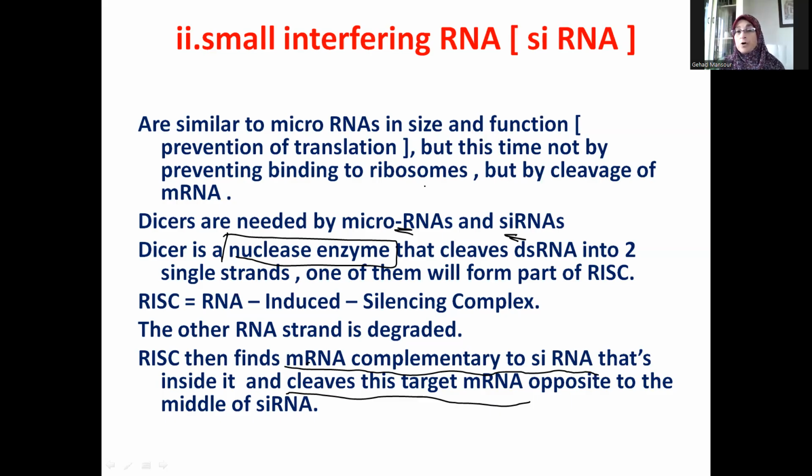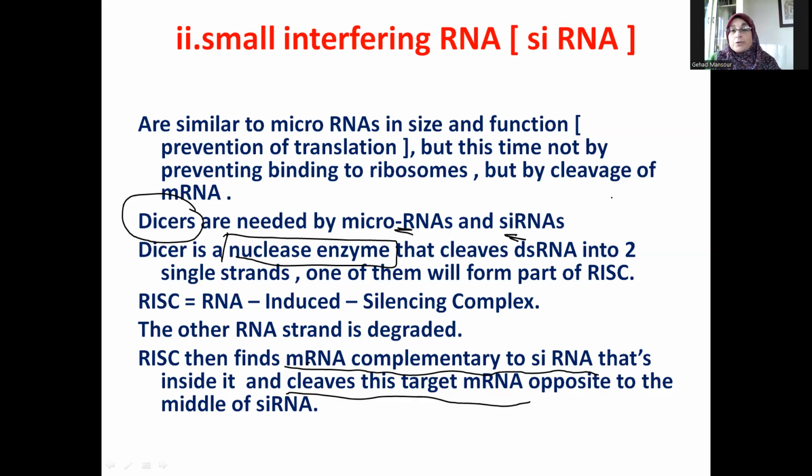Now, both microRNAs and small interfering RNAs require molecules that are called the dicers. And the dicers are nothing but a nuclease enzyme. The nuclease enzyme that is needed by the microRNAs and the small interfering RNAs, I think this makes sense because their main function, especially the small interfering RNAs, is to cleave the RNA.